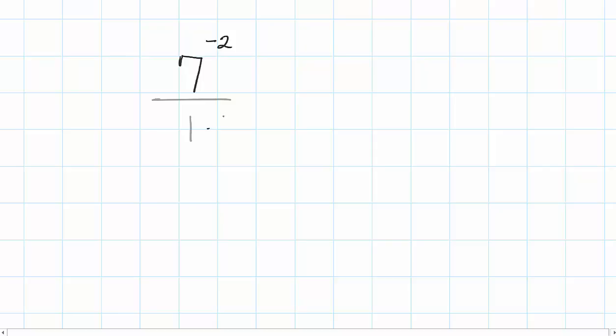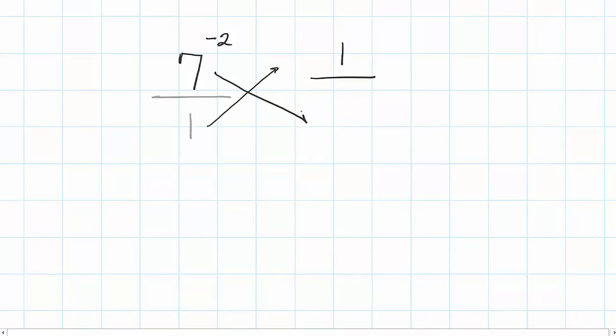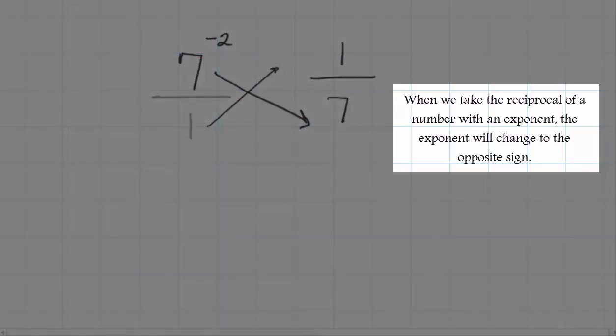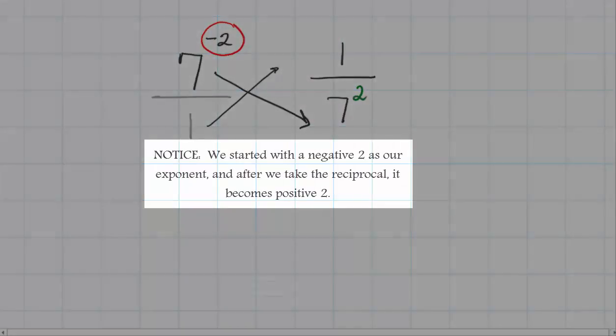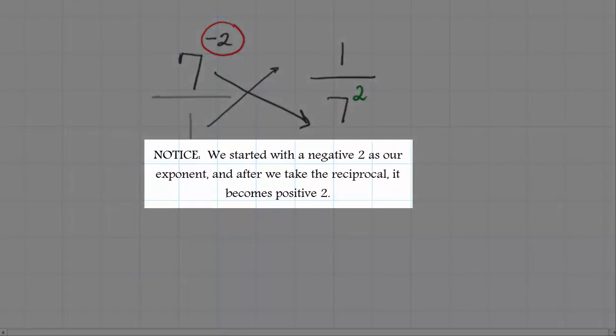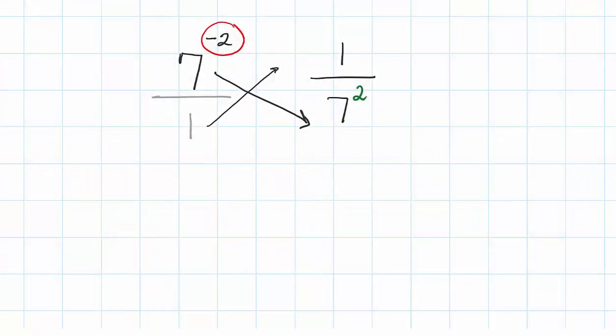The denominator is now going to become the numerator, and the numerator is now going to become the denominator, but there's a catch. The exponent was a negative exponent, and now it's going to become positive. When we take the reciprocal, the exponent will change to the opposite of what it started out as.